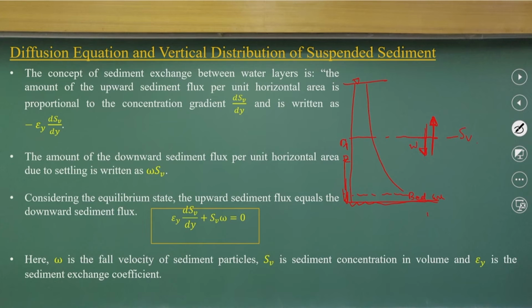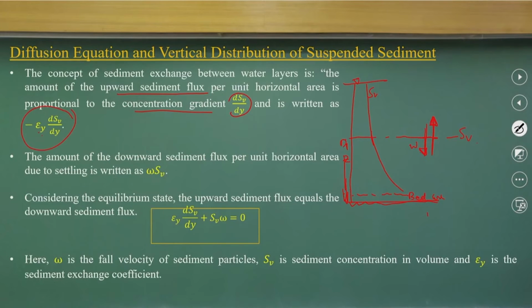Because of the sediment concentration gradient, there is an upward sediment flux per unit horizontal area, which is proportional to the concentration gradient. We define that proportionality constant as epsilon y. We are going to discuss that.